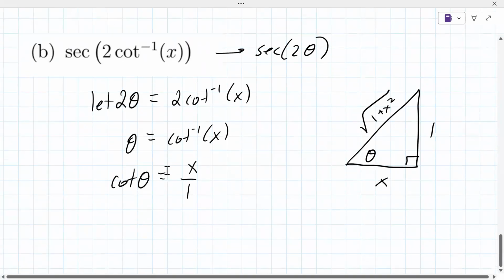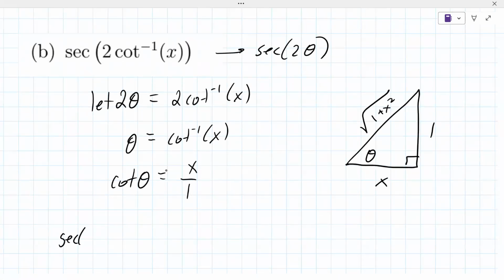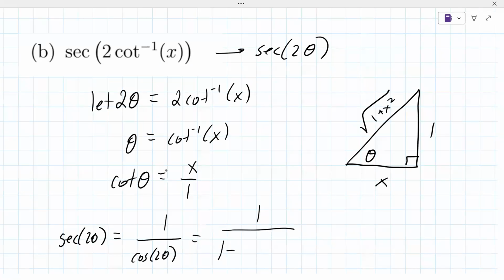I think I'm good. All right, so secant 2 theta is 1 over cosine of 2 theta. And so, again, we got another double angle formula that ends up being 1 over 1 minus sine squared theta, or any of the other ones you want to use.